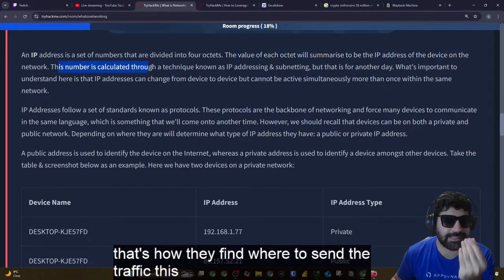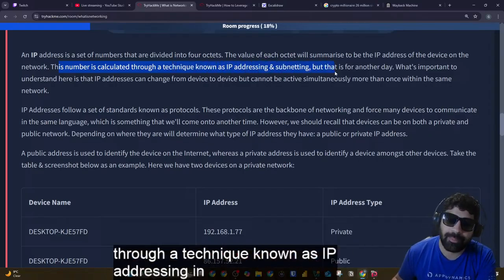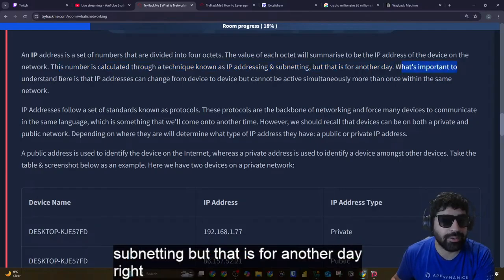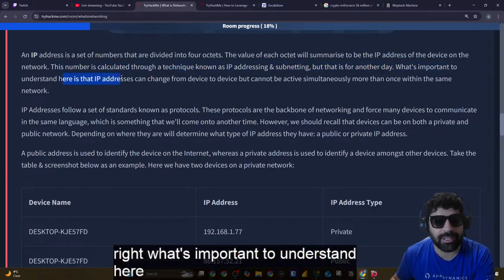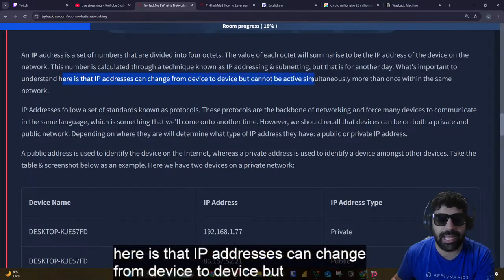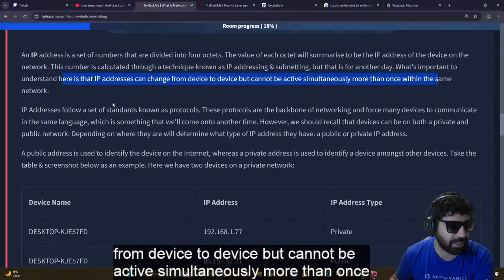This number is calculated through a technique known as IP addressing and subnetting, but that is for another day. What's important to understand here is that IP addresses can change from device to device but cannot be active simultaneously more than once within the same network.